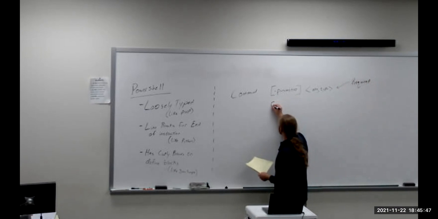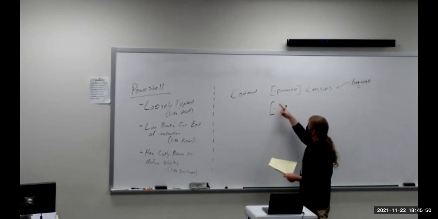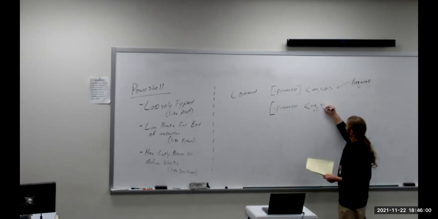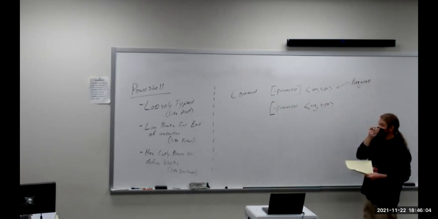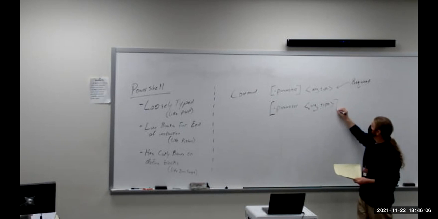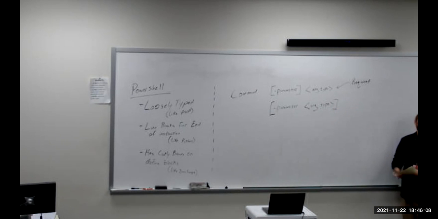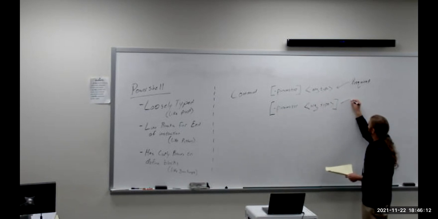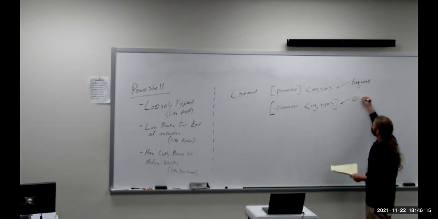Another way it could be written is you can open the square brackets and have the parameter, then the stuff in angle brackets, which again is still just the type of data we pass in as an argument to fill that, and then close the square brackets. So if the closing square bracket includes the data type, that's an optional argument.